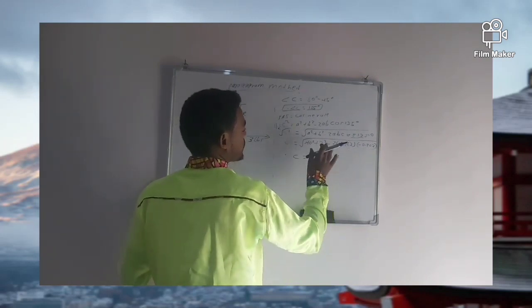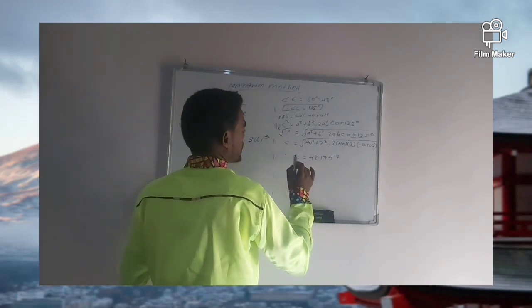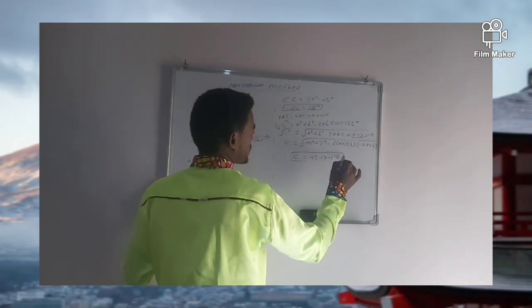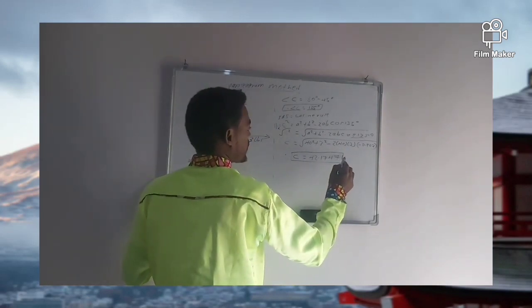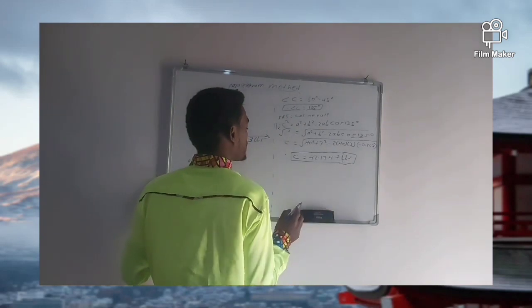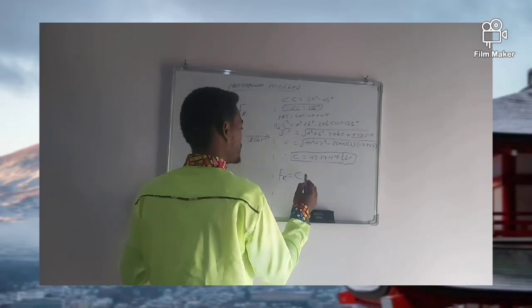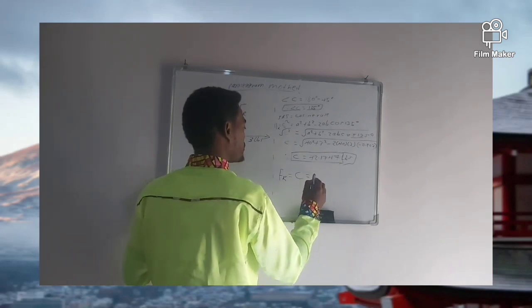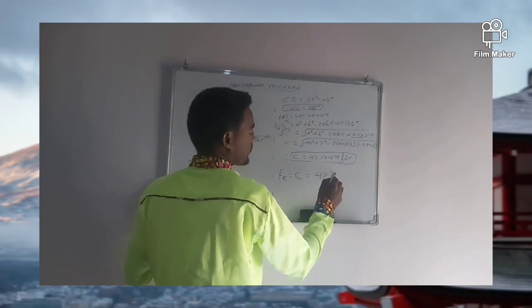Put it under root, and we will have this value. Okay, pound. But let us round it. This is the resultant force. C is equal to, when we round it, 42 pound.